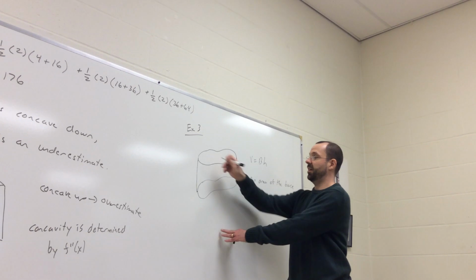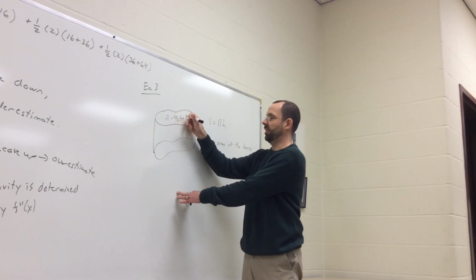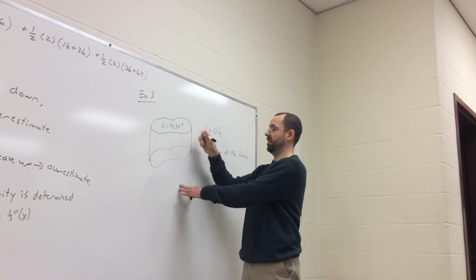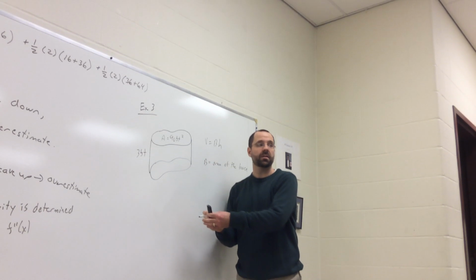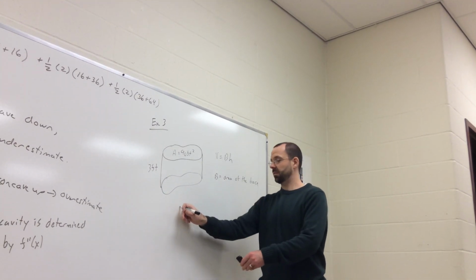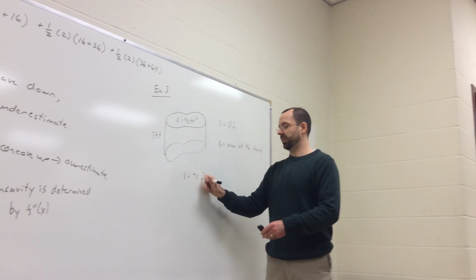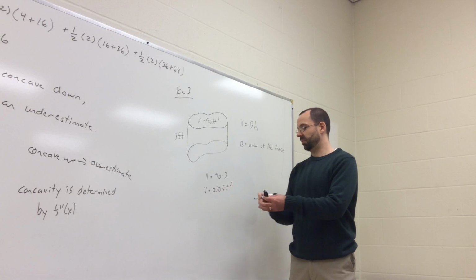Okay, so let's say that the area of the surface and of the bottom was 90 square feet. And let's say that the height or the depth was 3 feet. Then the volume of this would be 90 times 3, so 270 cubic feet.